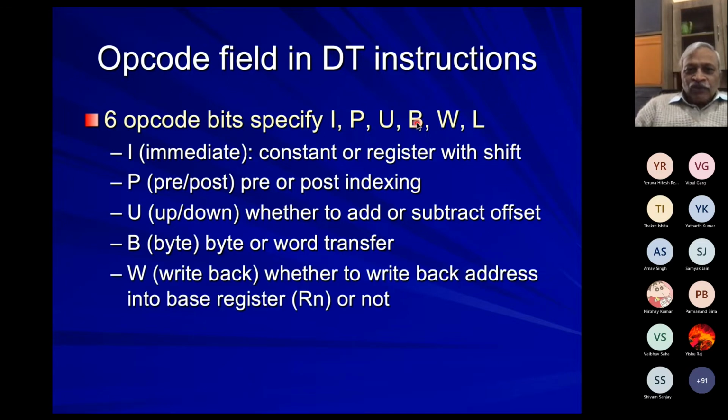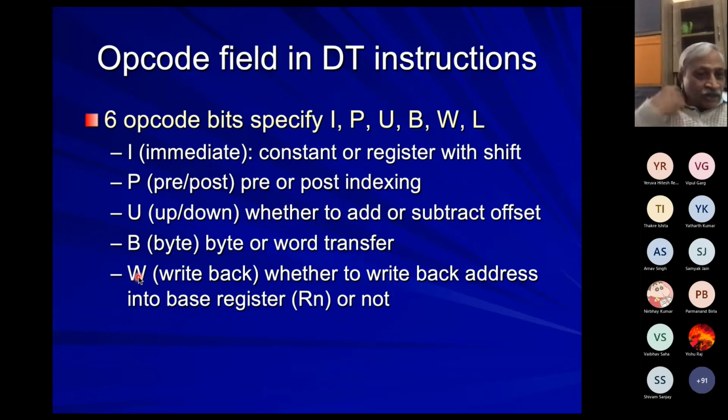Bit W stands for write back, whether to write back the address into the base register or not. So base plus offset is being done, and whether to leave the base register unchanged or update it with this address, to write back this computed address into the base register. So W specifies whether that is to be done or not.